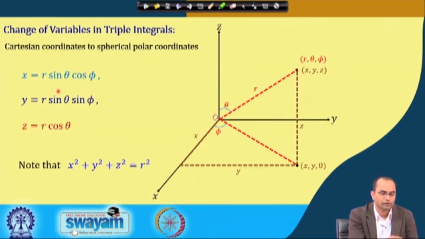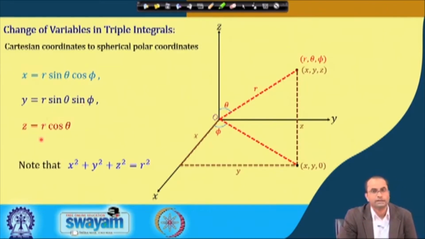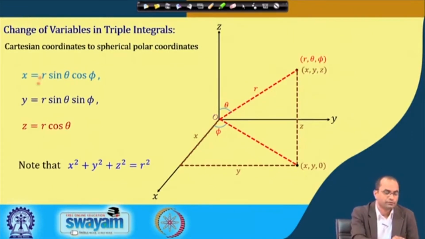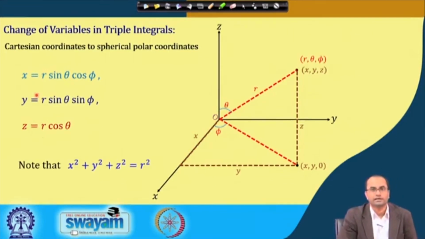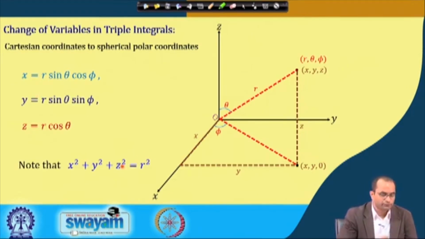So, when we add all, cos square phi plus sin square phi makes it 1, and then we have also r square cos square theta, and from there r square sin square theta. Again sin square theta plus cos square theta will be 1, and we will get simply r square. So, that is a relation which we will keep in mind, that will be useful in integration.